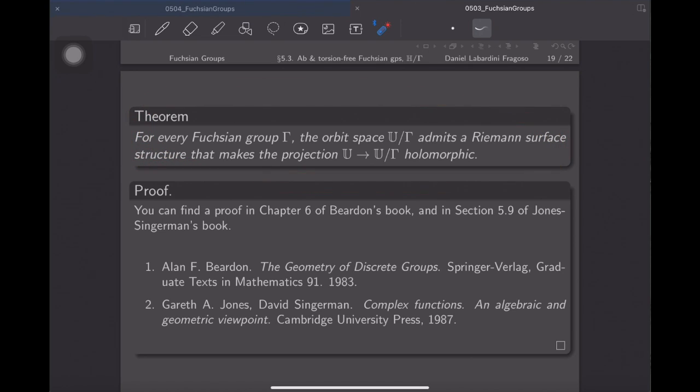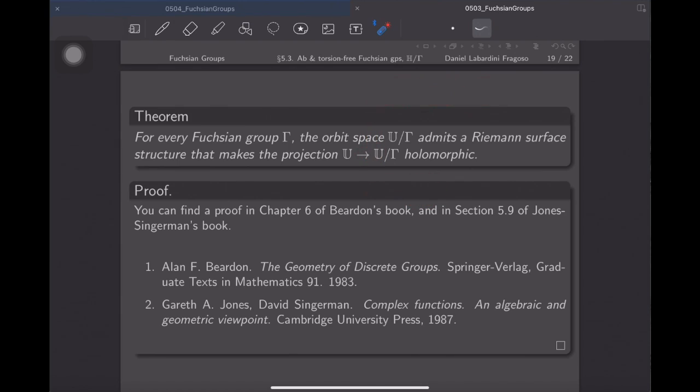And the case where it becomes hard is when gamma has elliptics, in other words, when there are elliptic fixed points in U. Because in that case, if I take an elliptic fixed point and project it to U modulo gamma, then its image doesn't have any neighborhood which is evenly covered.